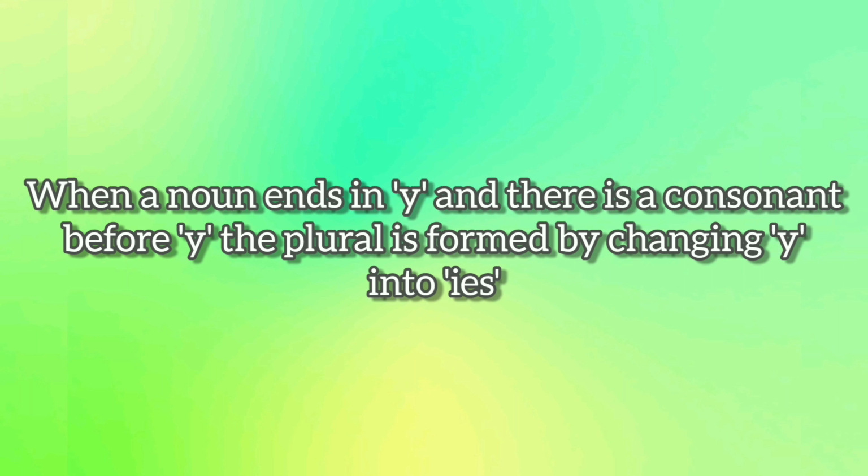Let's go to the next rule, that is rule number 4. When a noun ends in Y and there's a consonant before Y, the plural is formed by changing Y into IES. Like city, and the plural is cities. Which letter is there before Y?